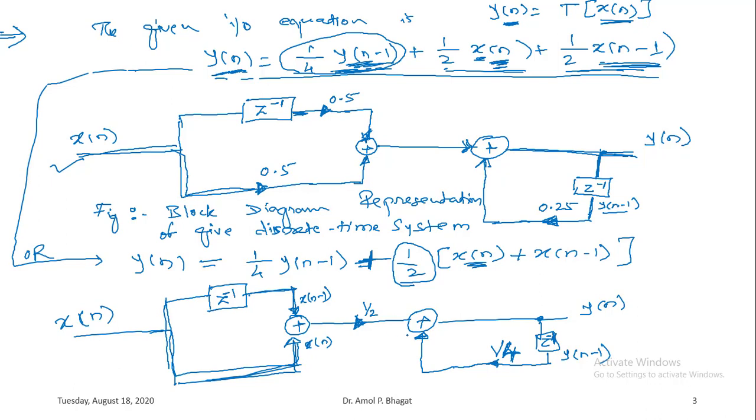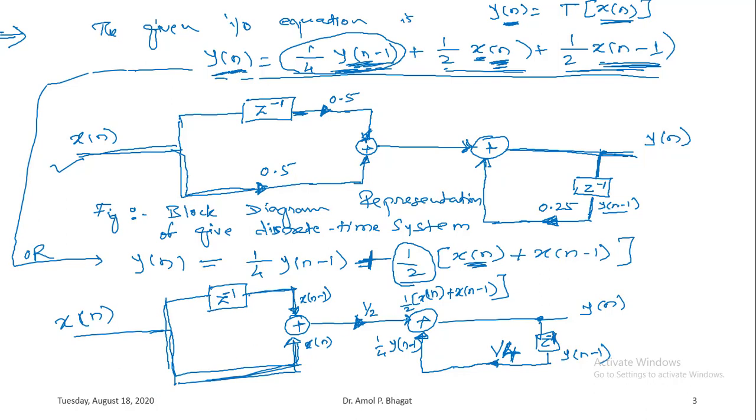At this point the input to this adder is 1 by 4 y of n minus 1, and it is added with 1 by 2 times x of n plus x of n minus 1.